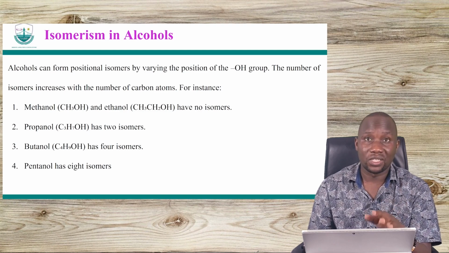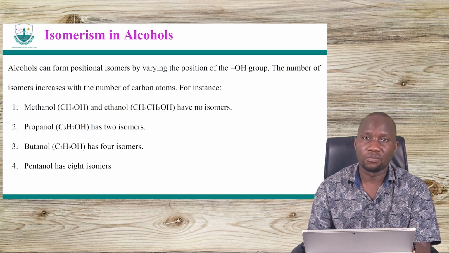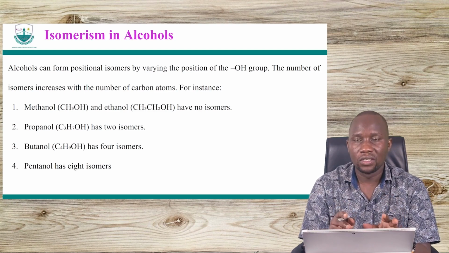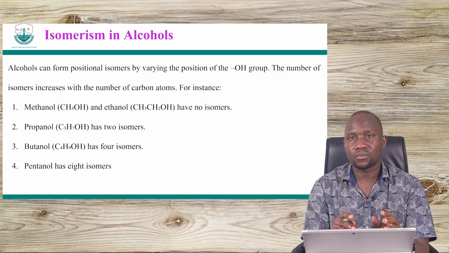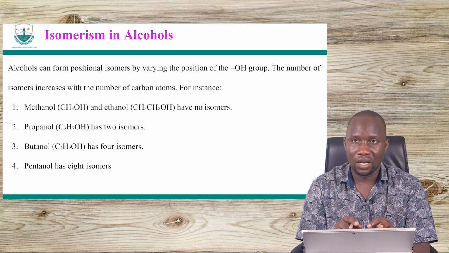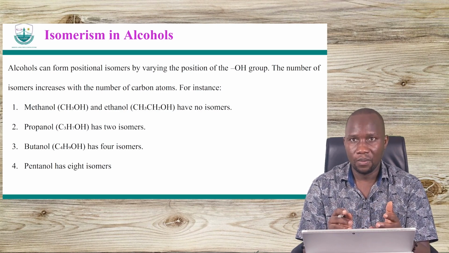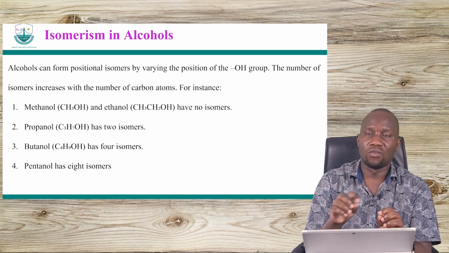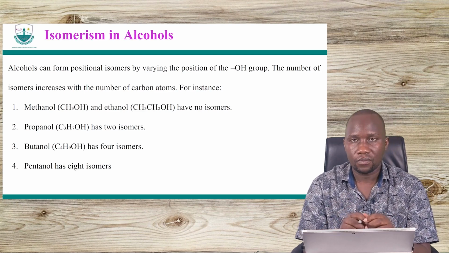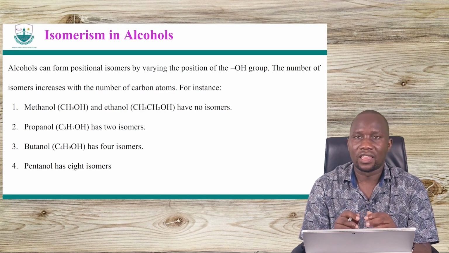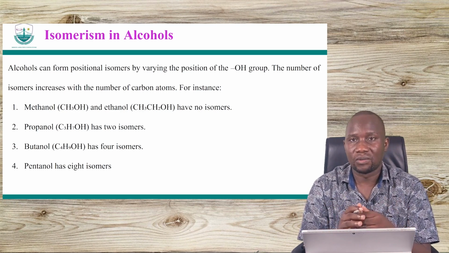So what I've just explained is what we call isomerism, when you have the same organic compound with the same molecular formula but different structural formulas. This is because some of the groups of the compound can be moved from one place to another, such that it looks different, but the molecular formula remains the same.